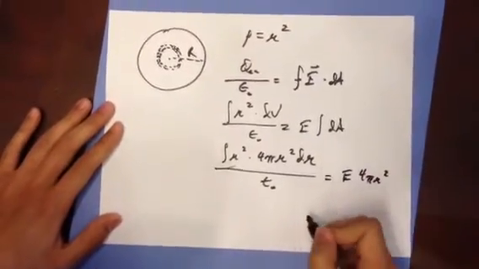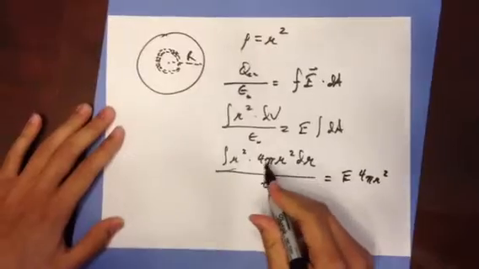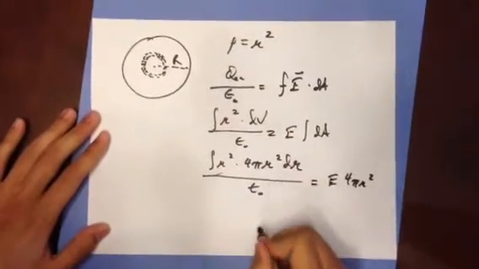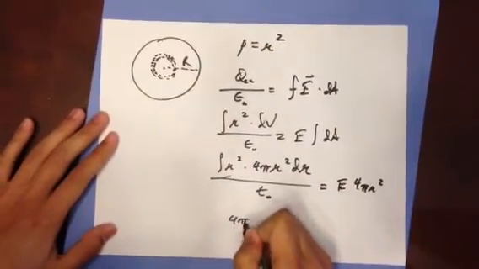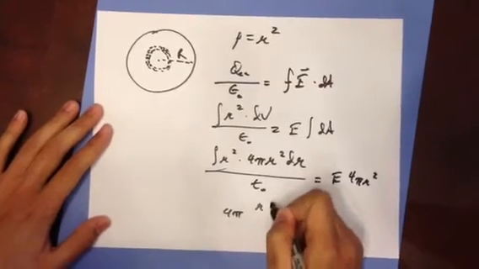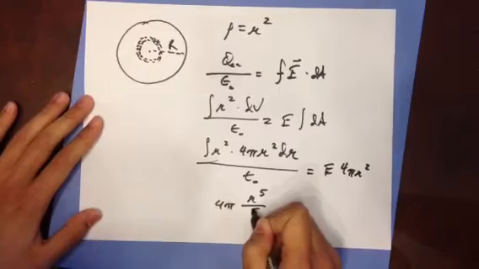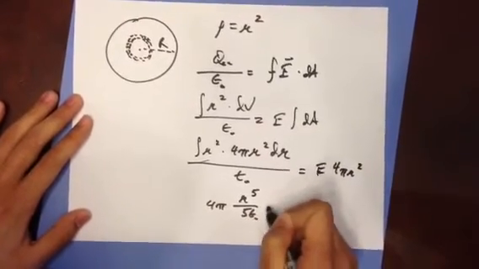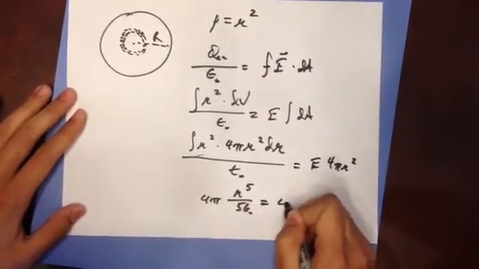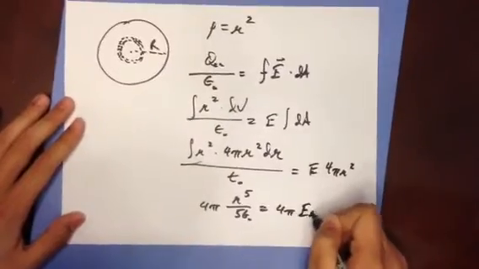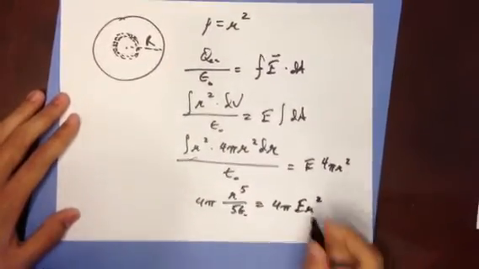Now we're going to pull out the 4 pi and integrate. Solving that out, we get r to the 5th over 5 epsilon naught equals 4 pi E r squared.